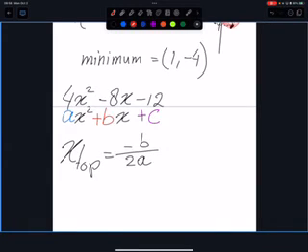This is the standard form of a quadratic equation. So the question is, what is b? b is minus 8.